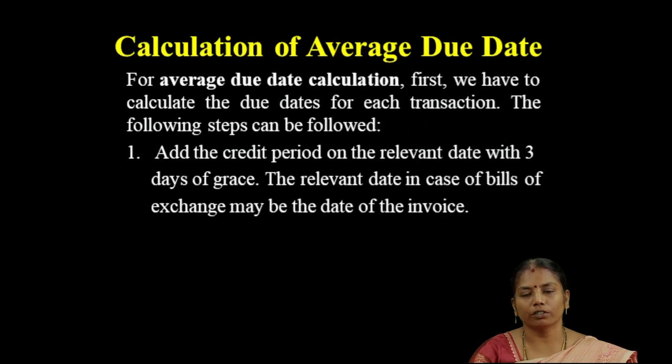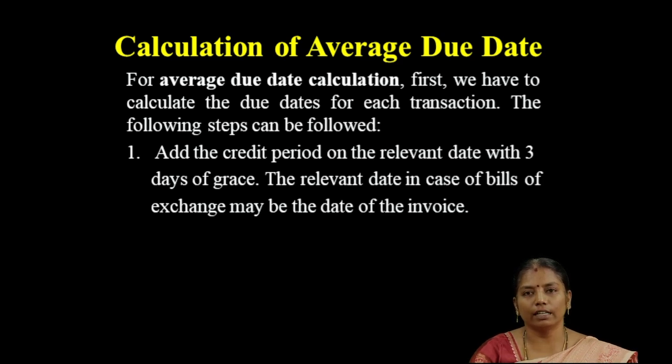Next, we are going to see the calculation of average due date. For calculating average due date, first we have to calculate the due dates for each transaction. The following steps are to be followed. The first one is to add the credit period to the relevant date with 3 days of grace.